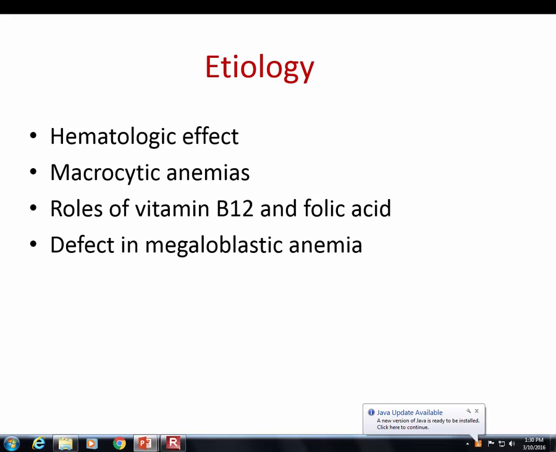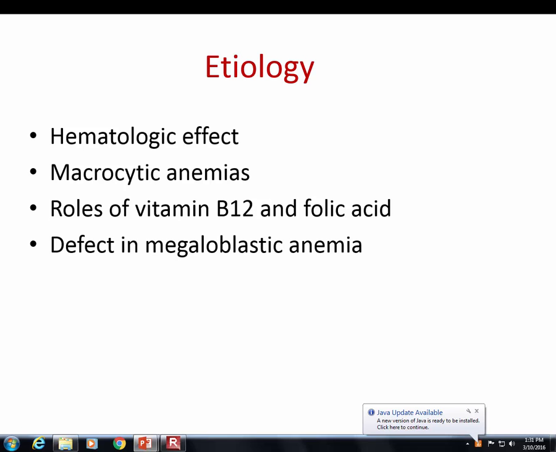So they don't produce intrinsic factor in their stomach. What do you think that's going to do? You cannot absorb it. It doesn't matter how much B12. It doesn't matter if you eat the entire cow. You're not going to be able to absorb any of that B12 in the meat. Okay? Because you have an autoimmune disease.